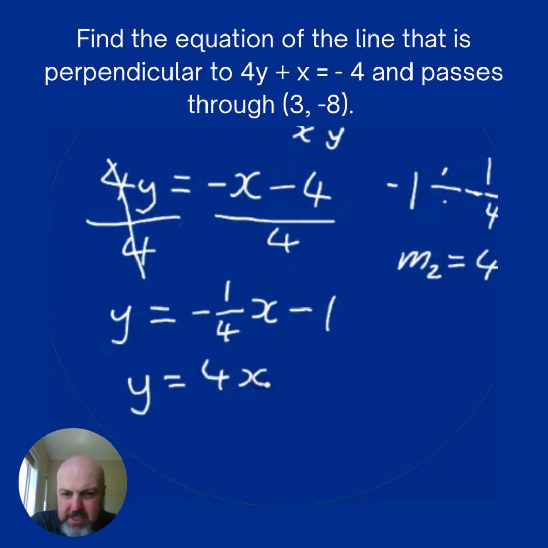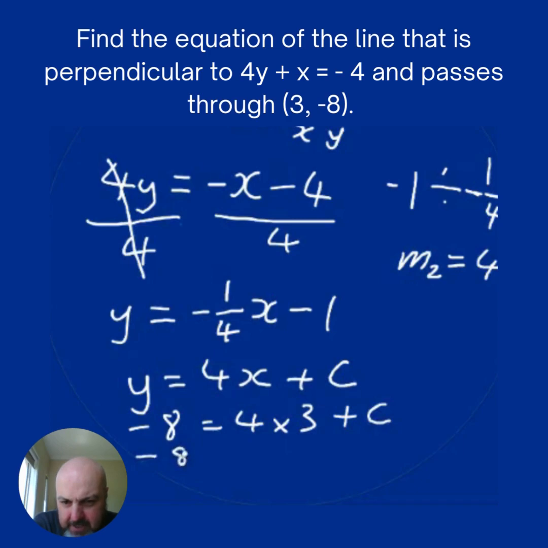And again, same process. We plug in the coordinates we have and try and work out c. So this one, negative 8 will equal 4 times 3, the x value is 3, plus c. Negative 8 is equal to 12 plus c.